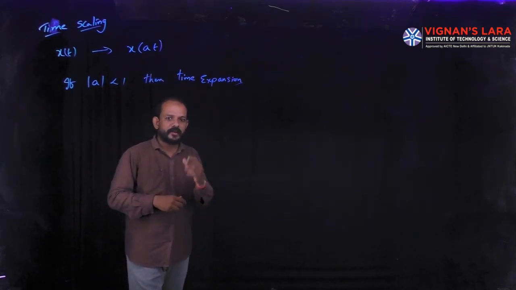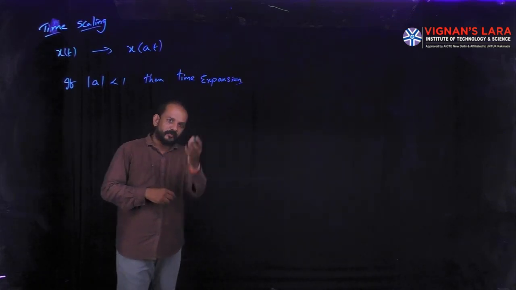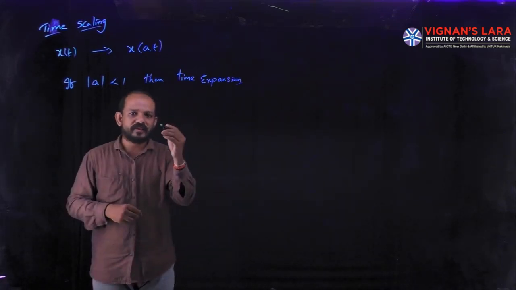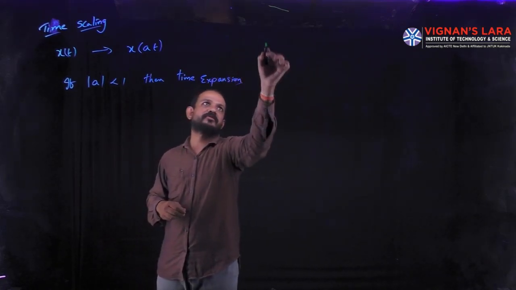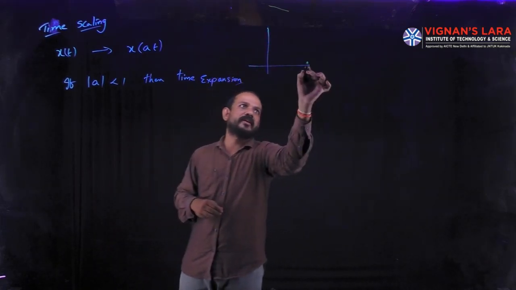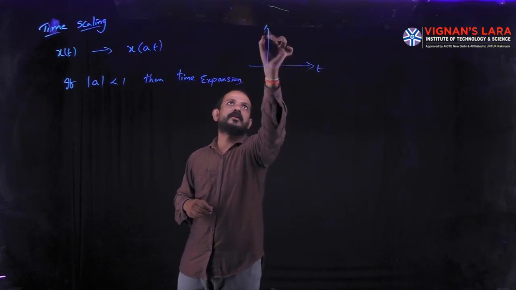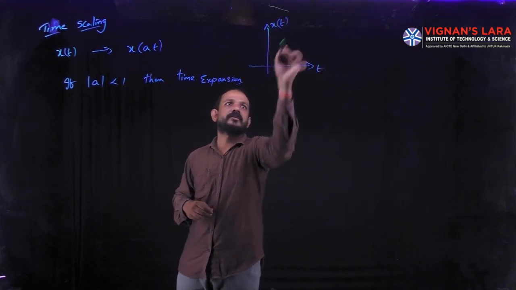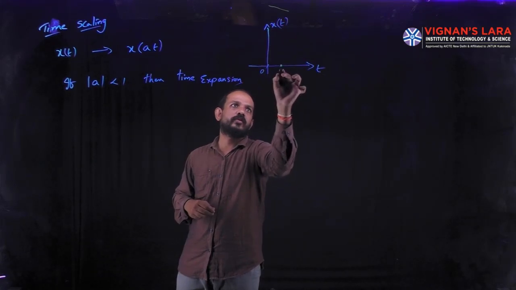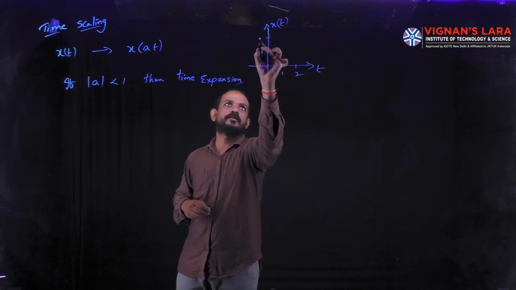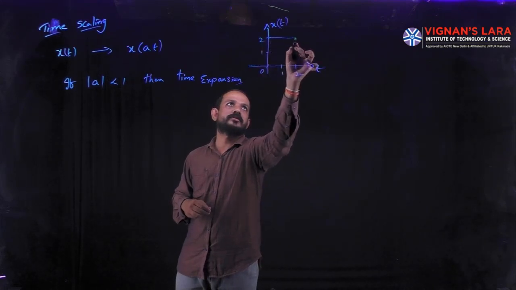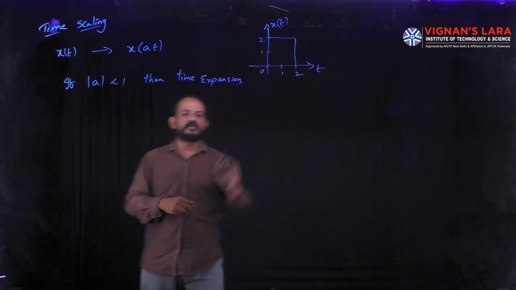You will get a better idea if you observe the waveforms. First I have to consider signal x of t, like this. The first example that I had taken: t is 0, 1, 2 and x of t is 1, 2, 1, 2. See this one. This is my example.